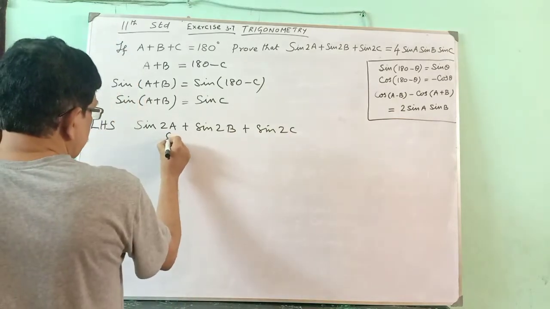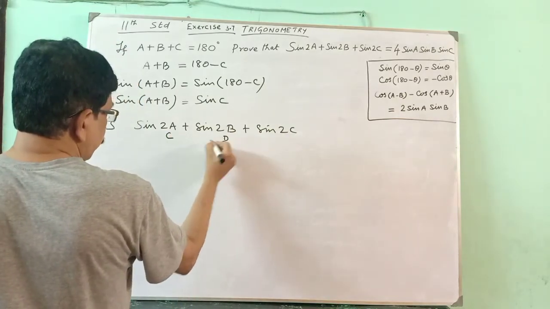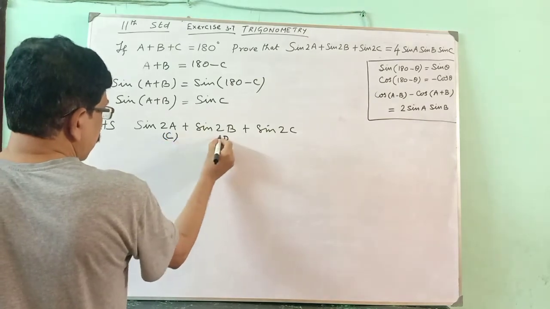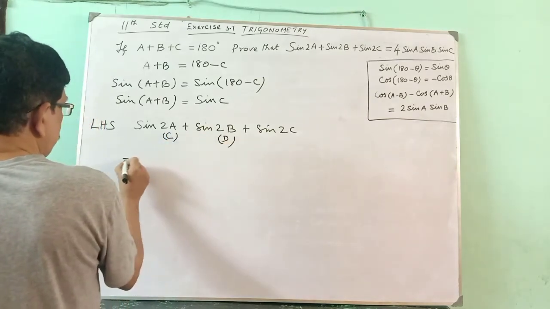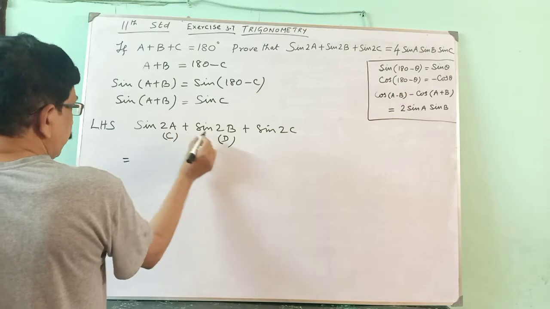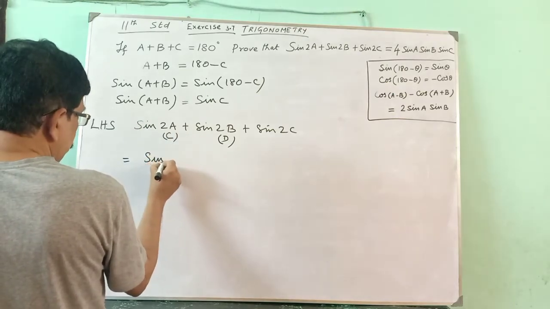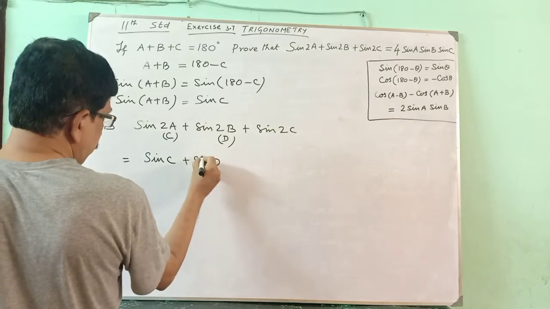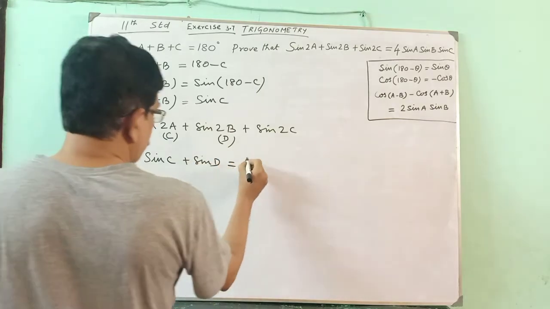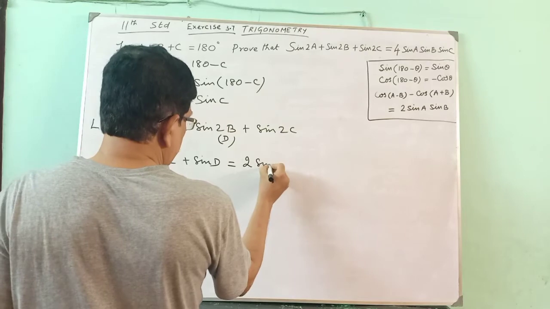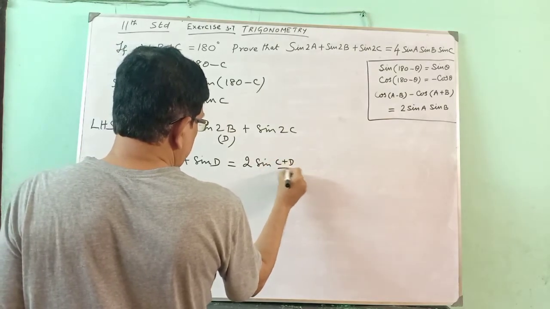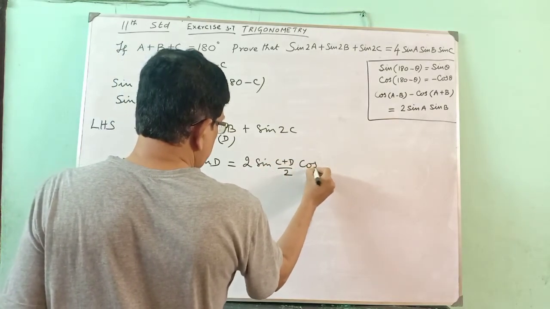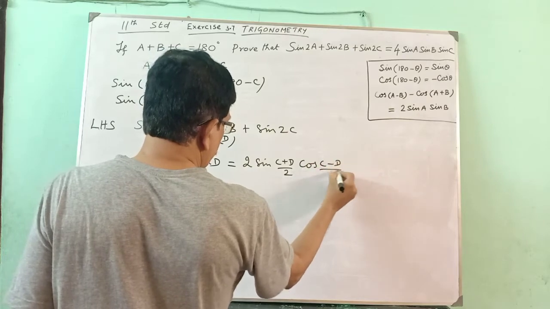This is sin C plus sin D, so we use the sin C plus sin D formula. Sin C plus sin D is equal to 2 sin((C plus D) by 2) cos((C minus D) by 2).